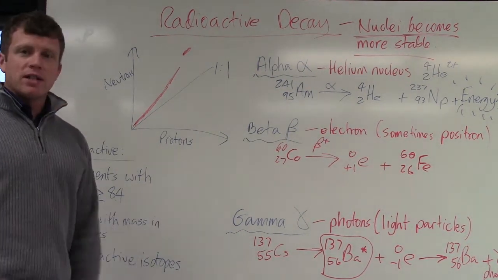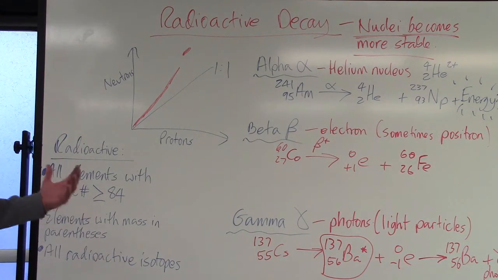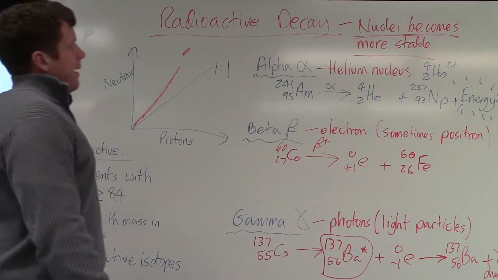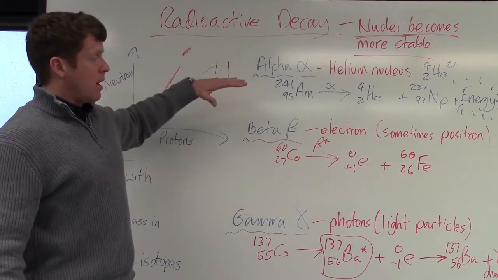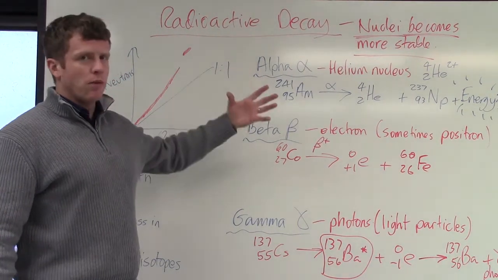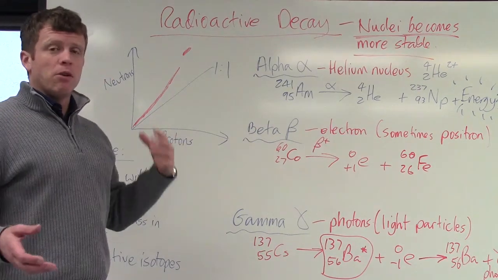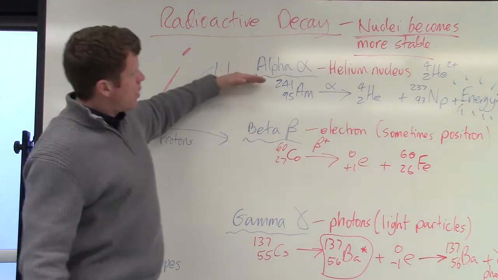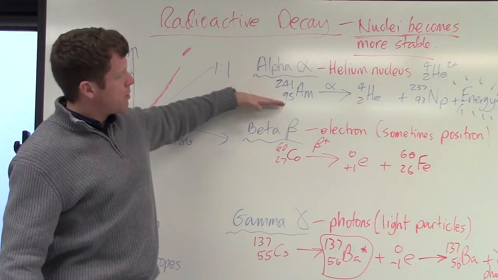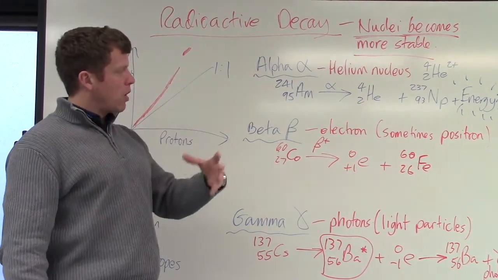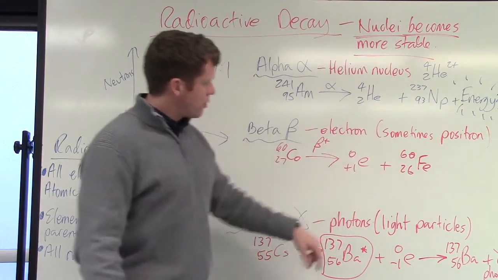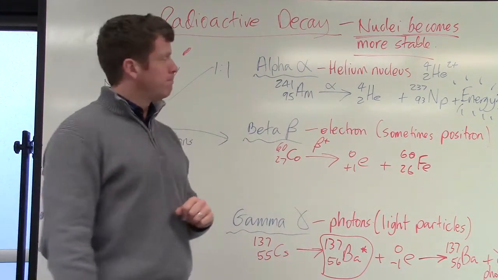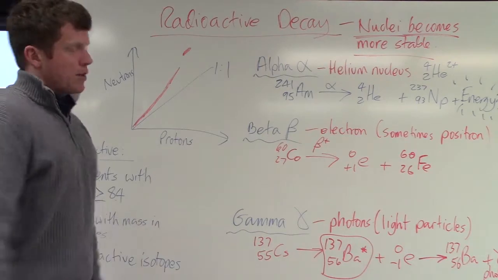All elements have radioactive isotopes. Some of them are more stable, some of them are less stable. The three different types of decay are represented with these equations. Very similar to the balancing work we've already done, but this time we're balancing the number of protons and neutrons. And we're going to look at the mass number and the atomic number to help us do that. Your goal will be to memorize the different particles that are associated with the different types of decay. And that's radioactive decay.